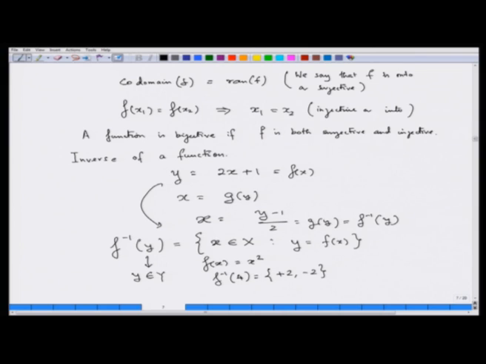One input giving me 2 outputs. So, f inverse need not be a function in general. When f inverse is a function, we say that the function is invertible, like the one we have just done, and then we can say that the function has an inverse.